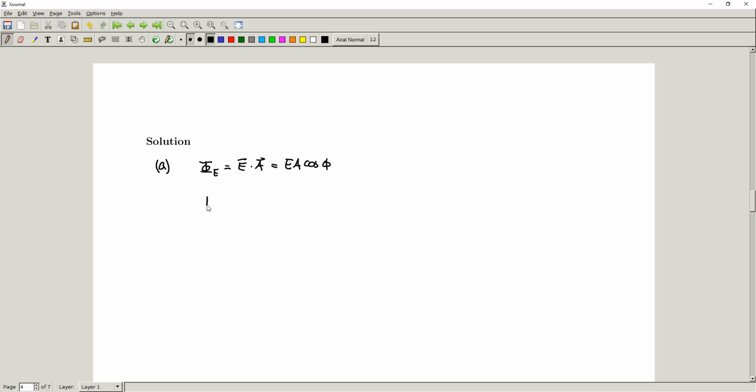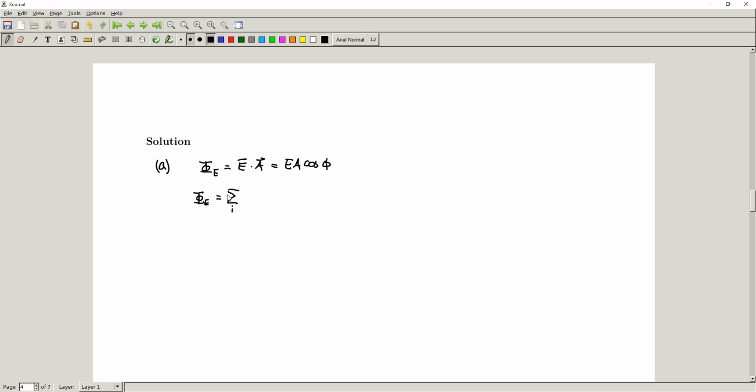So let's start off, let's look at face 1. And maybe before I even do this, we're going to find that our total electric flux, the sum of all the electric flux going through this closed surface, is going to be the sum of all the faces. So we want to sum over all these faces.